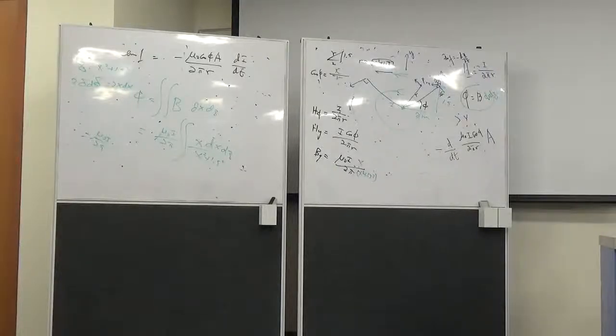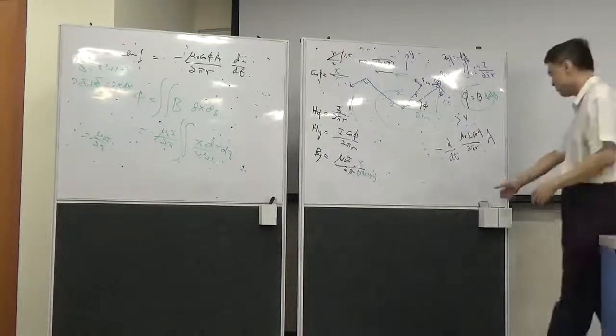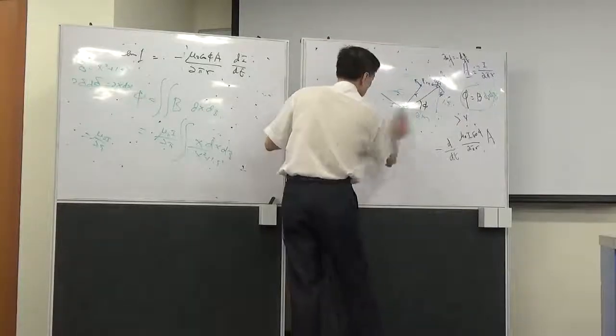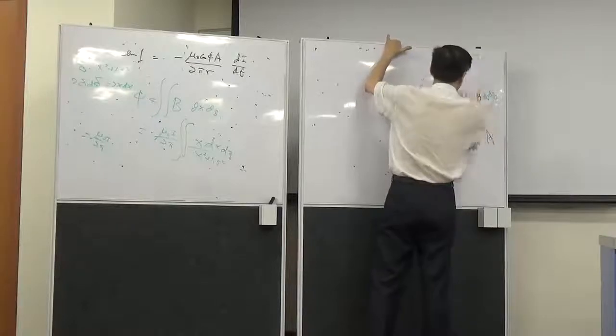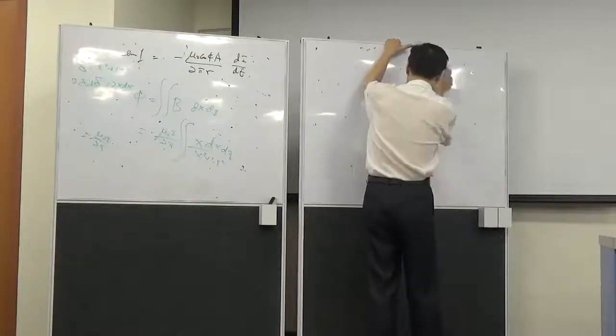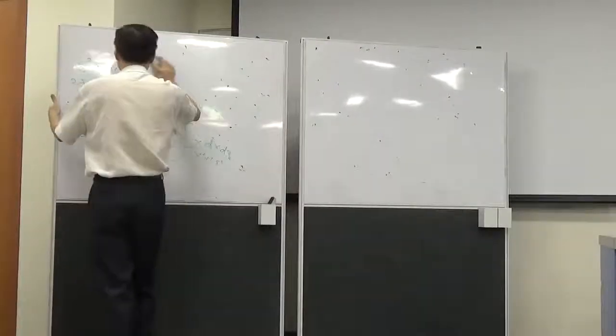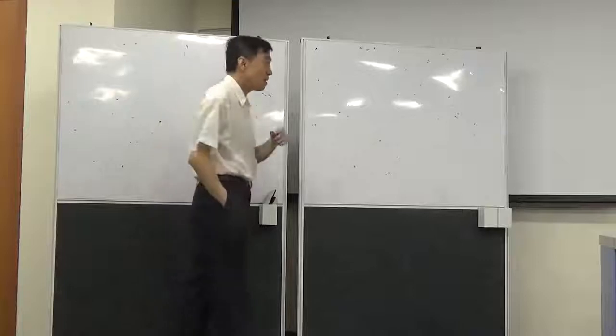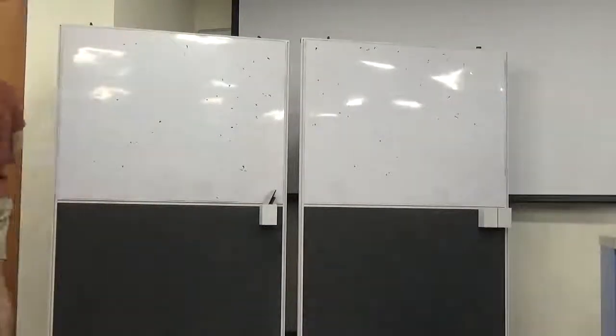Okay, 2015. Charges are located in space at P1, P2 with Cartesian coordinates.